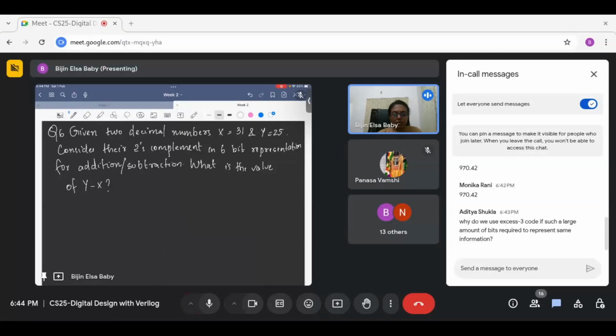Consider their 2's complement in 6-bit representation for addition or subtraction. What is the value of y minus x?